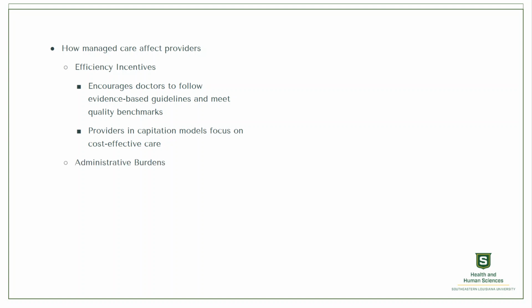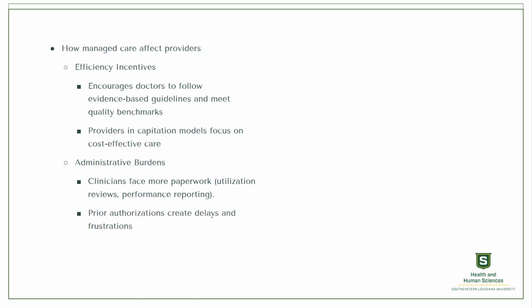But it does bring administrative burdens because clinicians have to put in a lot of paperwork for utilization reviews or performance reporting, just to get through the bottleneck of getting reimbursed or getting prior authorization. So prior authorization creates a lot of delays and frustrations for both providers and their patients.